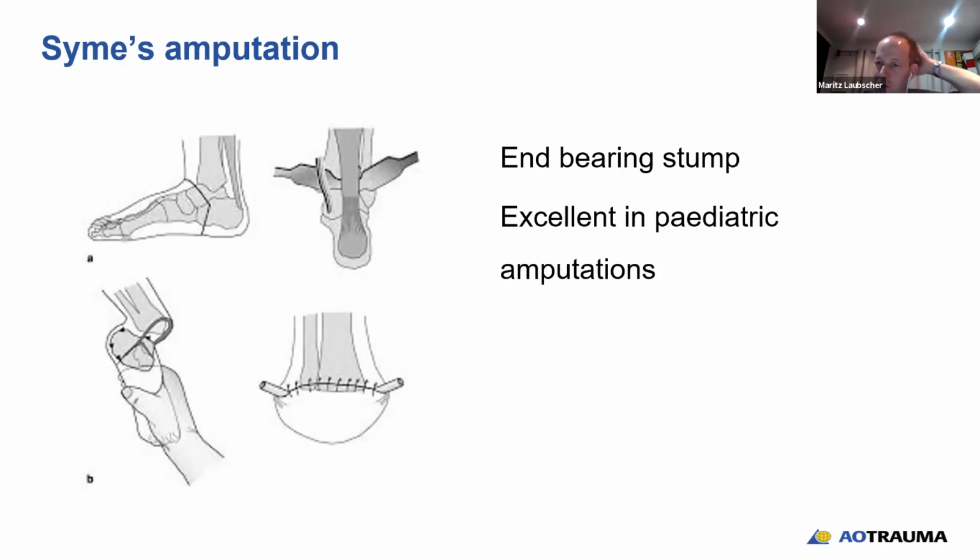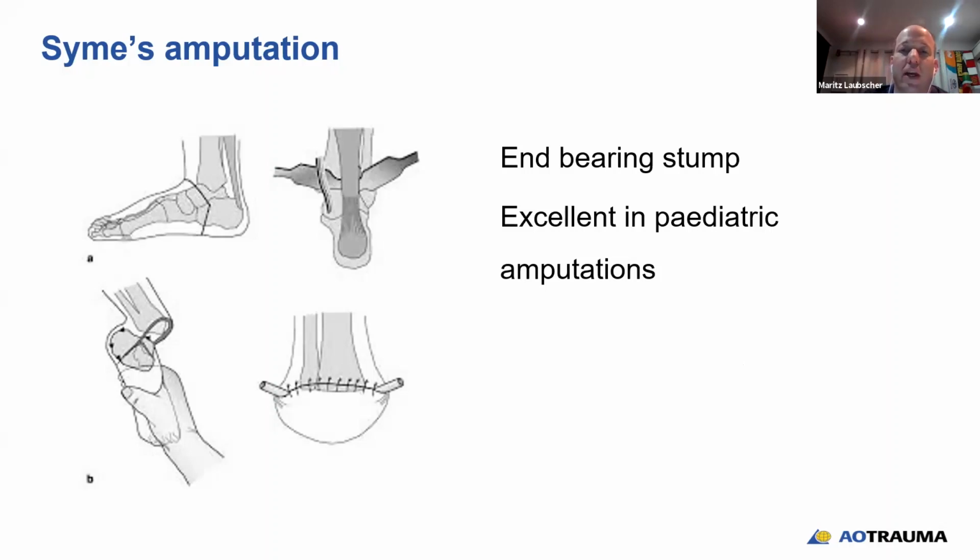In other words, the prosthetic fitting is more similar to a below-knee amputation than to an adult Syme's amputation, where the limbs are the same length and it's sort of a shoe. So for adults, a Syme's amputation, even though it's attractive, is not always that good when it comes to high-functioning amputees, and it's often better to be below knee. But Jason can tell us later about that.